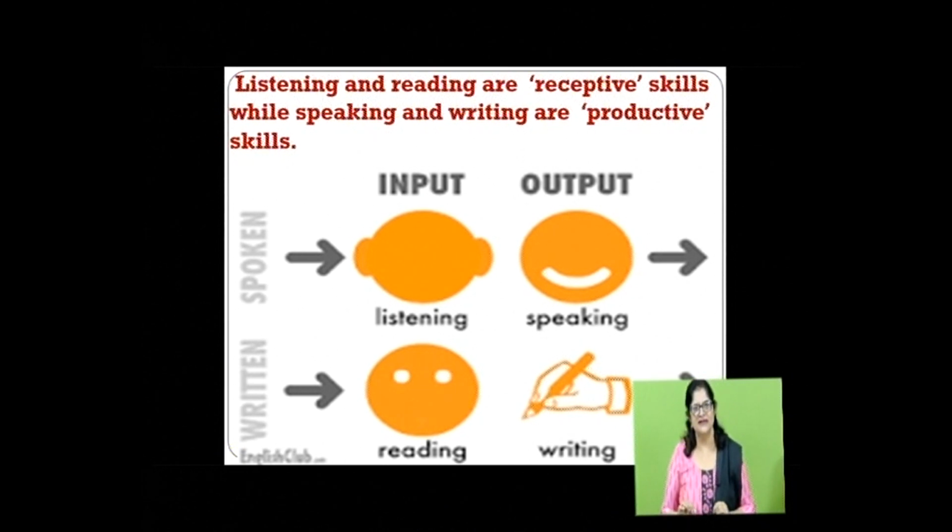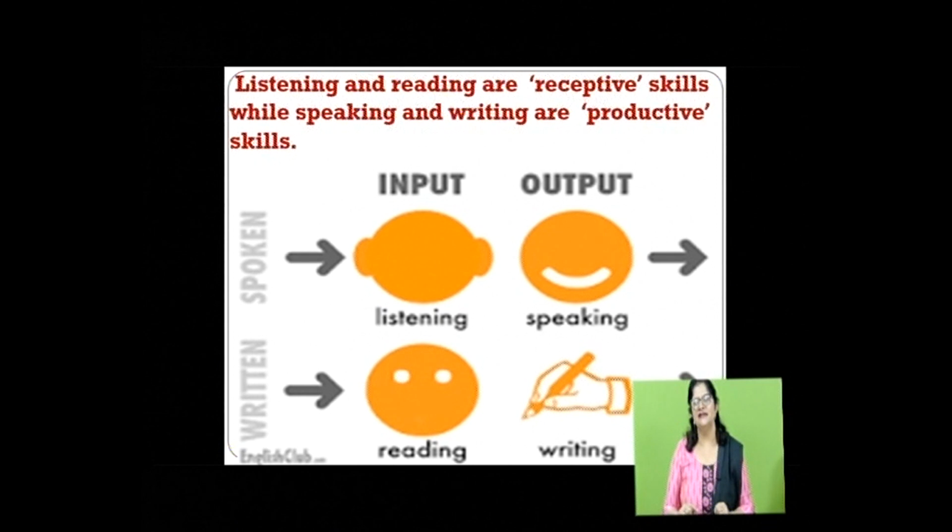Similarly, reading, it's again an input which you receive, and if you read regularly, read English language literature regularly, you will be able to write your own composition. Without words you cannot write. And where will the words come from, beta? Words will come with reading.